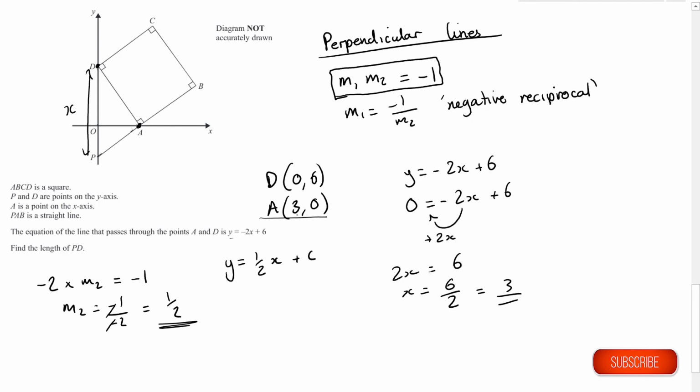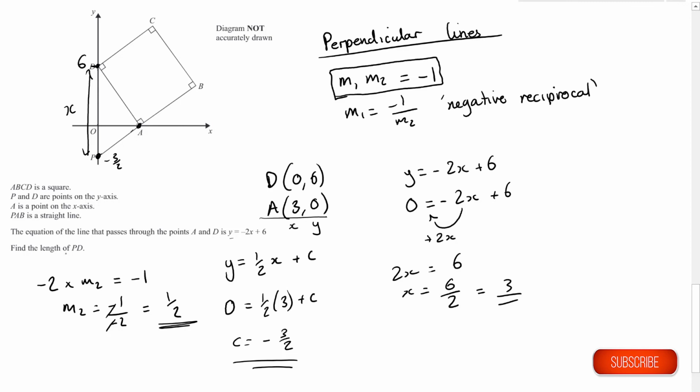And so we can actually substitute in this for our x value and this for our y value. And so in that case, y is 0, and that's equal to 1/2 times 3 + c. So c is equal to -3/2. Okay, so this point here therefore has to be -3/2, and we know D up here is actually +6.